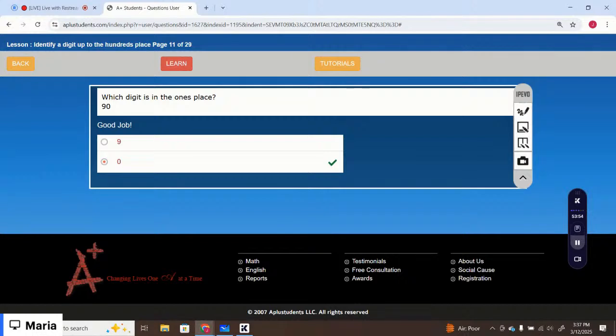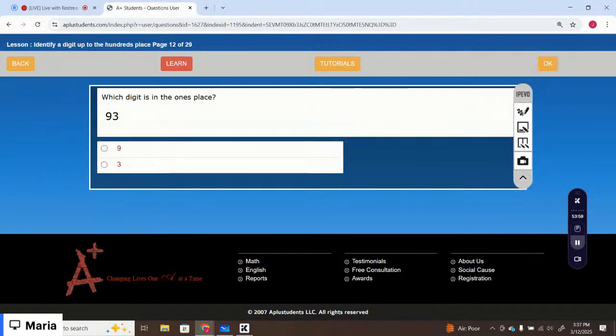Option number 2 is the correct option. Which digit is in the ones place, which is the correct option? It is at the ones place. Option number 2 is the correct option.